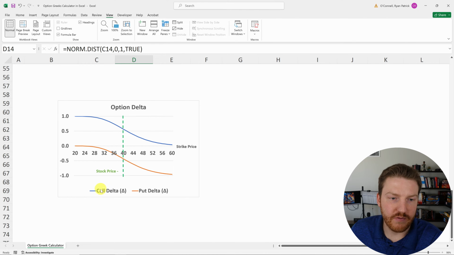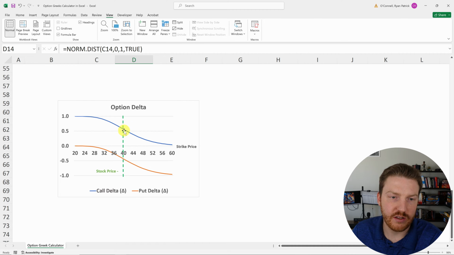You'll see that for the call delta, the options with the lowest strike prices have the deltas that are closest to 1. And then as the strike prices increase and we get closer to 40, once it crosses over the current underlying stock price of 40, we expect the delta to be near 0.5.